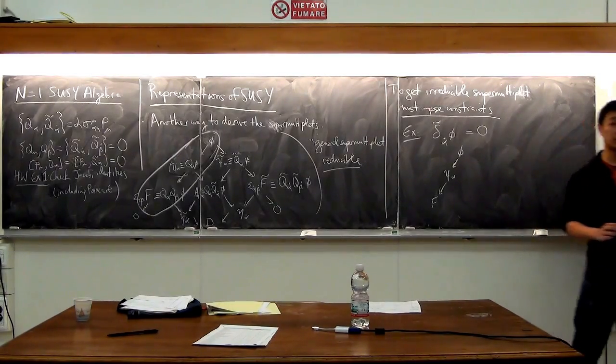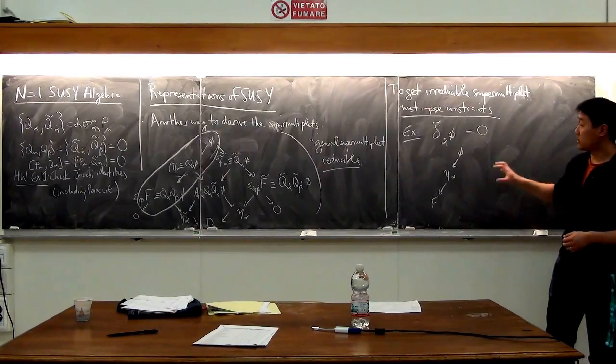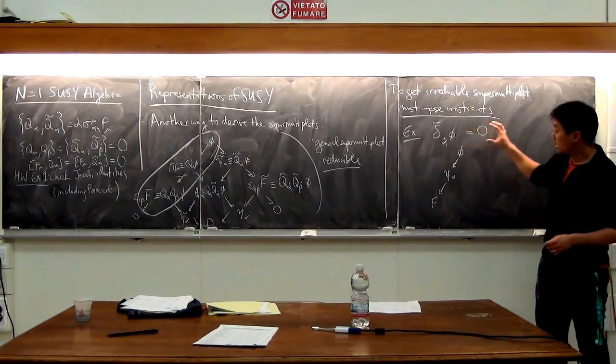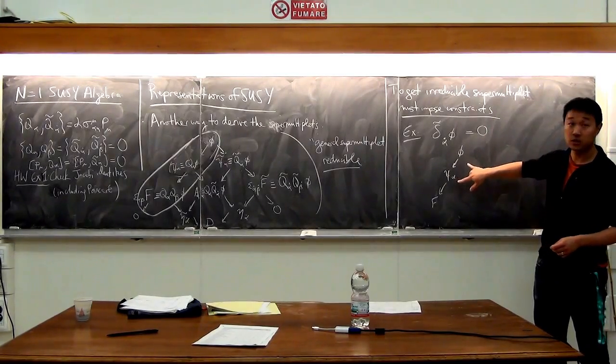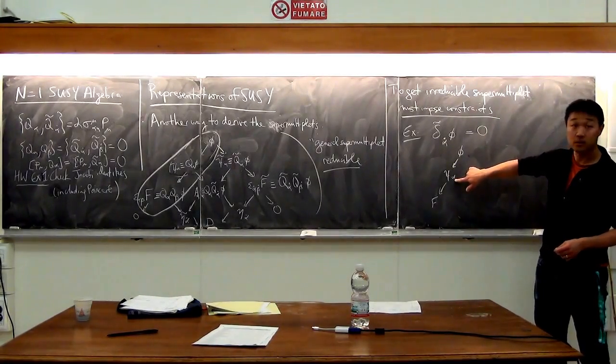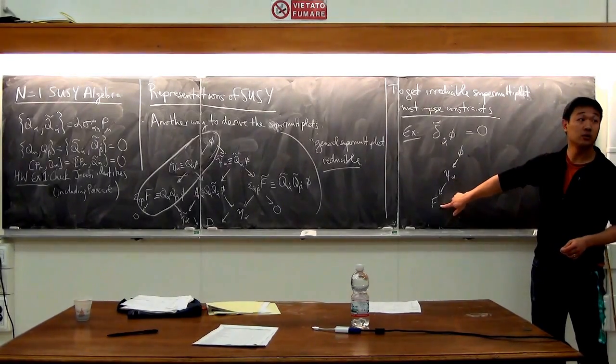This should be puzzling to you. Looks like we have a paradox, because I'm telling you that this is one way to get an irreducible representation, but it looks like I've gotten too much. I've gotten my complex scalar field, I've gotten my Weyl fermion, but I've also gotten this thing F.